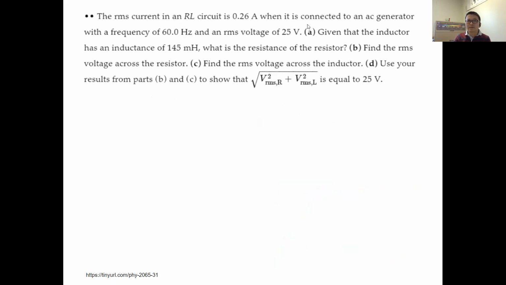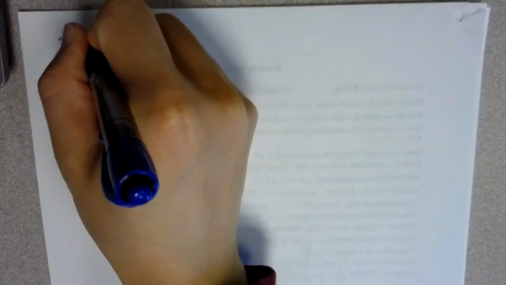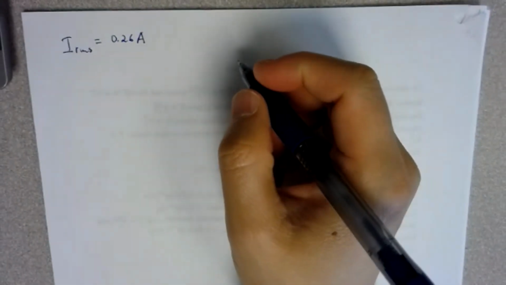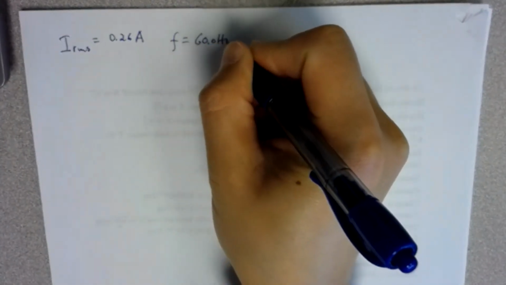All right, let's take a look at this one. It says the RMS current in an RL circuit is 0.26, so I RMS is 0.26 amps. It's connected to an AC generator which has a frequency f of 60.0 hertz.